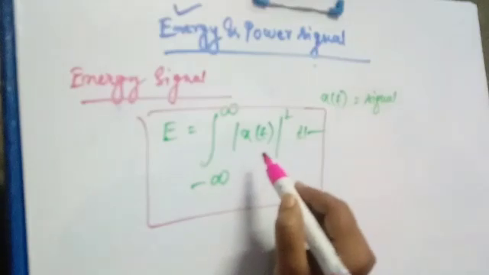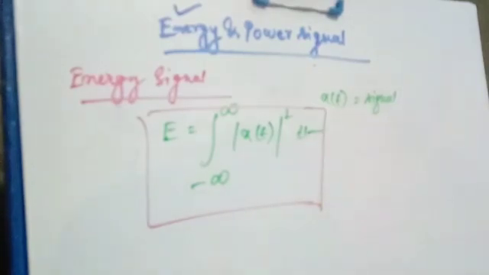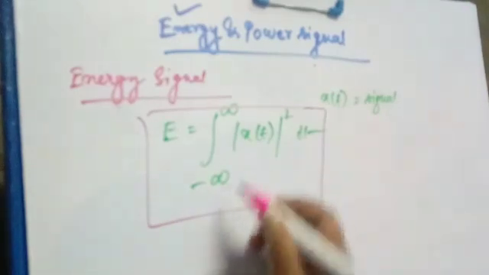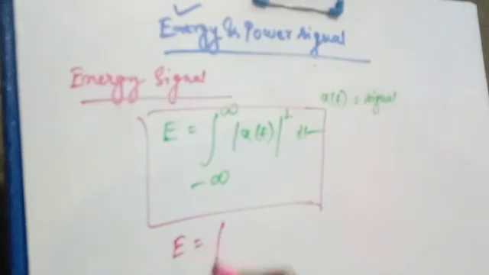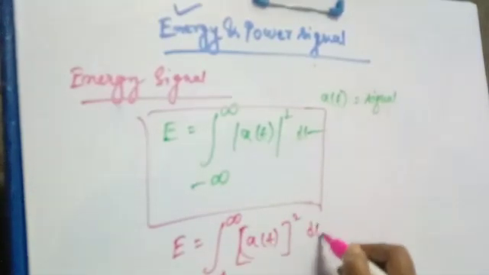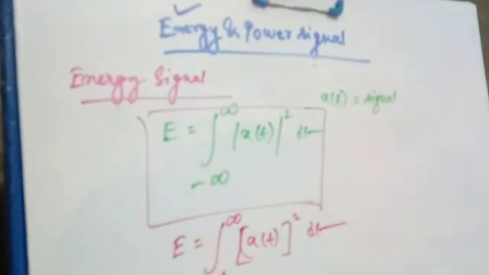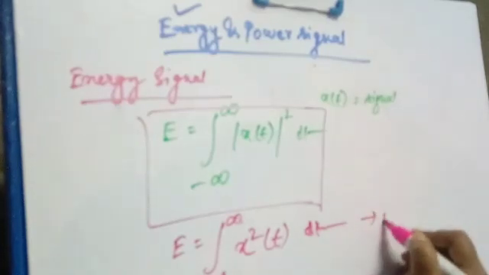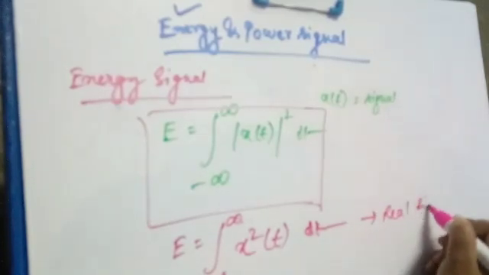And if it is a real signal, then the expression becomes the integral from minus infinity to infinity of x squared of t dt.